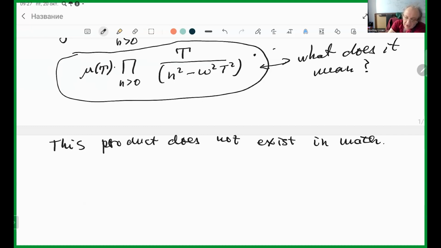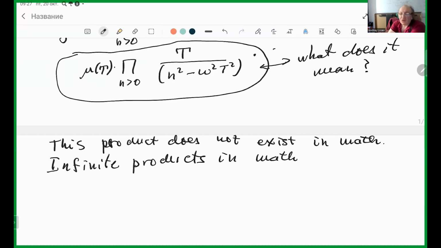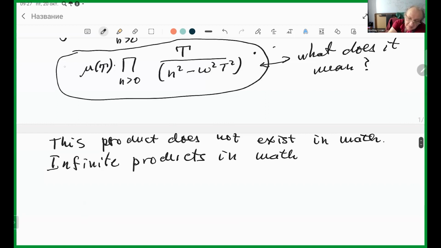So how people treat infinite products in mathematics? We don't know what the infinite product means, but we may study, let me call it I. Let me study logarithm of I. So it's logarithm of mu of t plus.